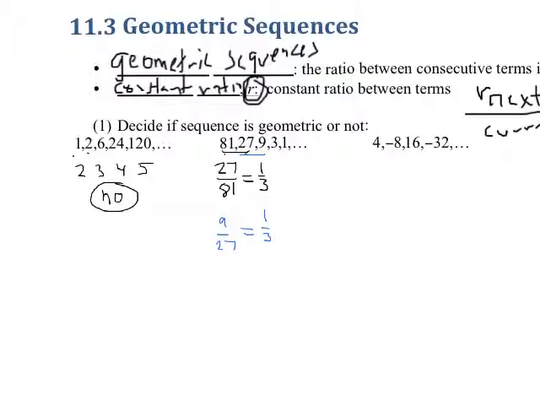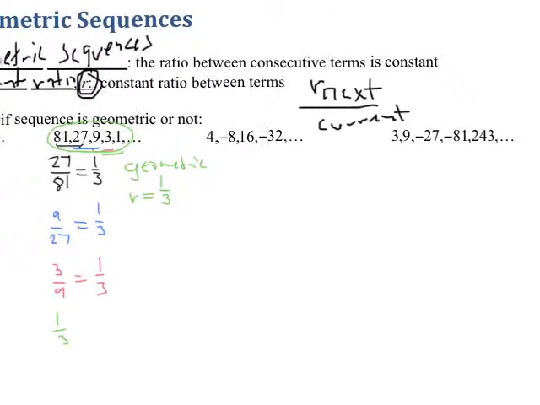And if I go from 9 to 3, that's 3 divided by 9, which is also a ratio of 1/3. And if I go and look at the next ratio from 3 to 1, that's also a ratio of 1/3. And so, yes, this is a geometric sequence. In this case, the ratio is the number 1/3. 1/3 is what you multiply each of those numbers by to get the next one in the list.